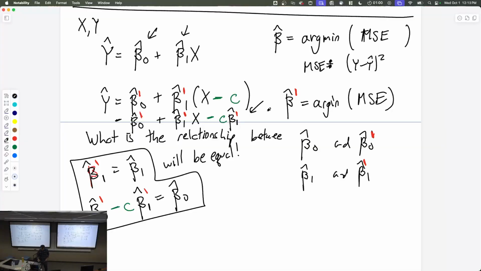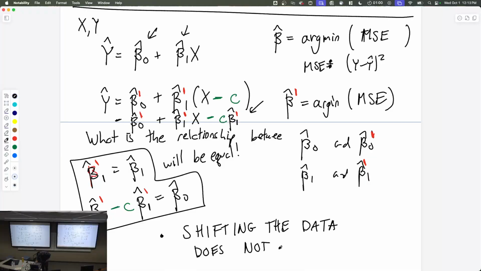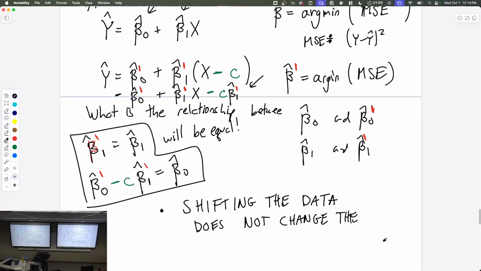So what is the conclusion? The conclusion is shifting the data does not change the set of possible models. And in particular, it doesn't change the best possible model.